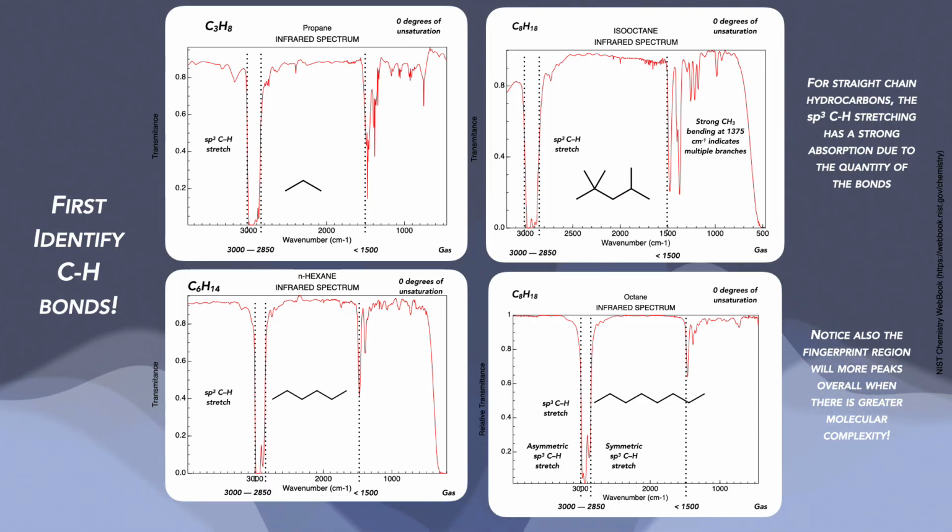These peaks are often strong because organic molecules contain many carbon single bonded to hydrogen bonds. You'll also notice that more complex molecules produce more peaks in the fingerprint region. This is below 1500 because there are simply more vibrations occurring.